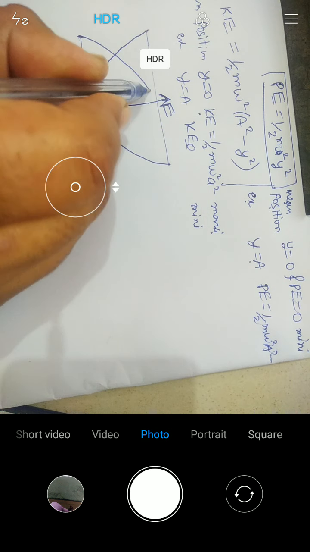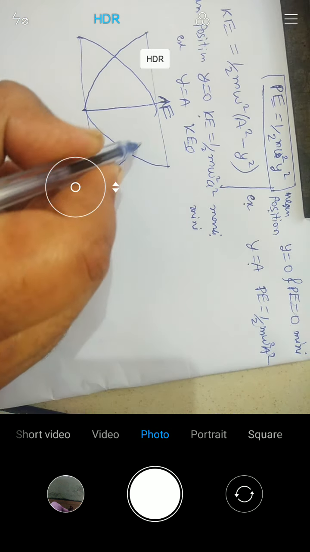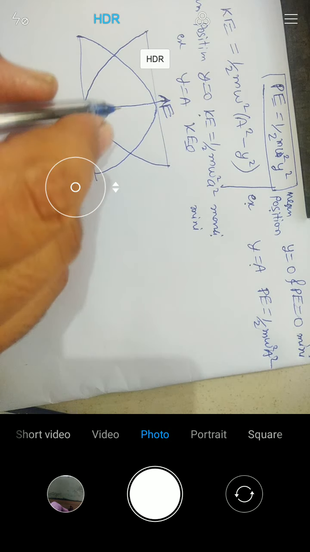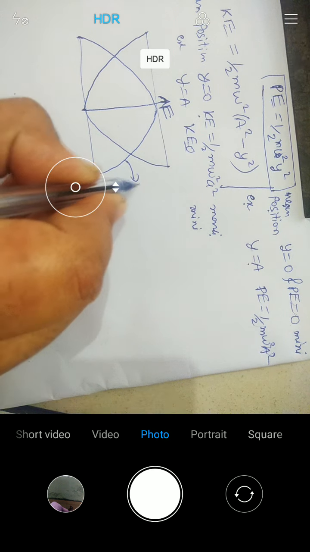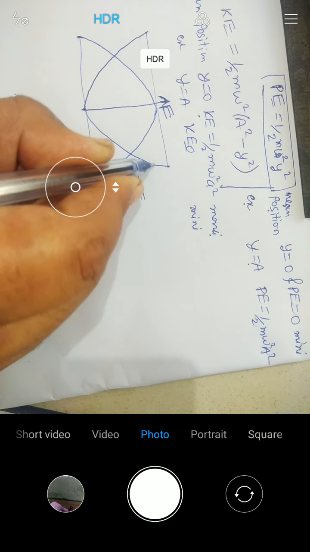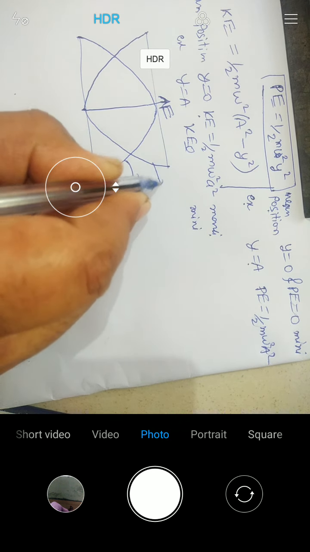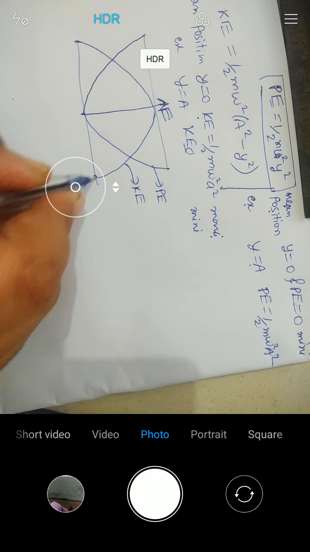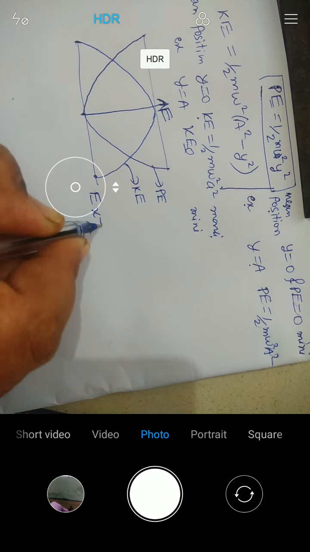Suppose this is a kinetic energy curve, and this is a potential energy curve, and this is an extreme position.